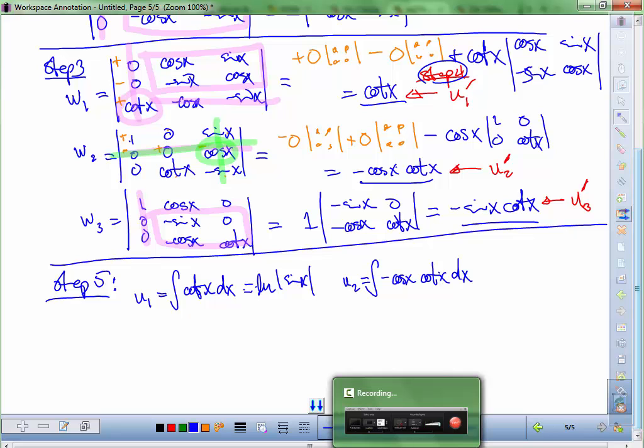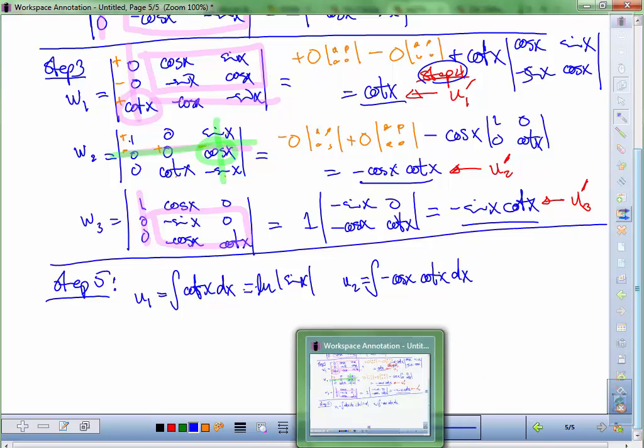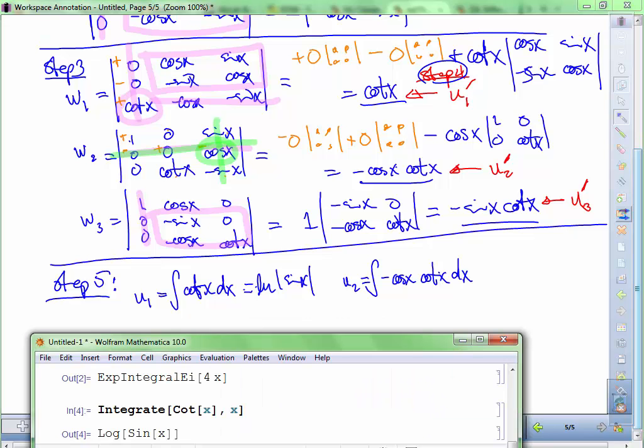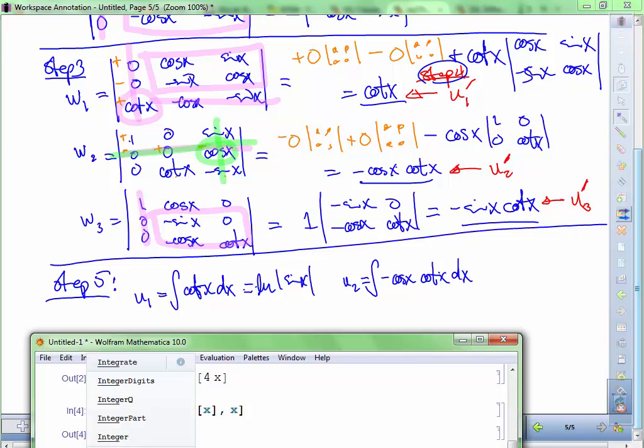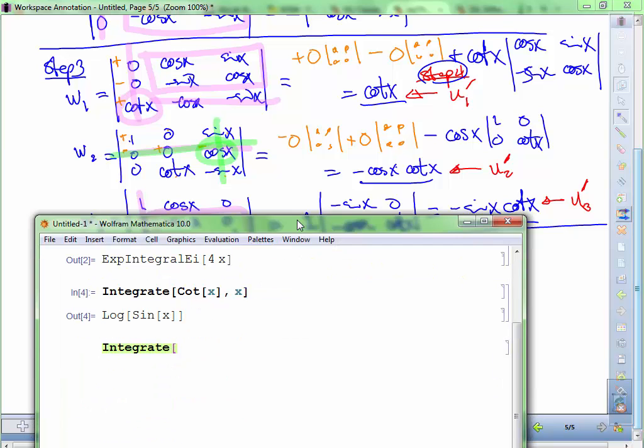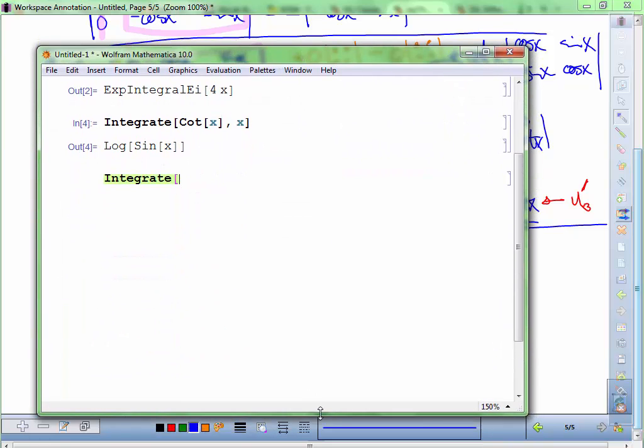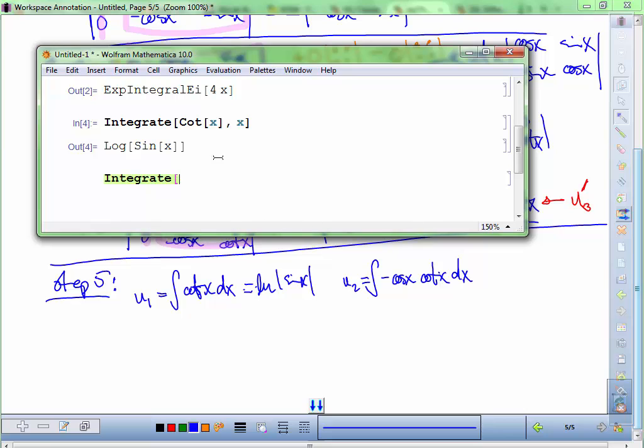Oh, wait, that's what I do to you guys. Okay. Integrate negative cosine x times cotangent x with respect to x.